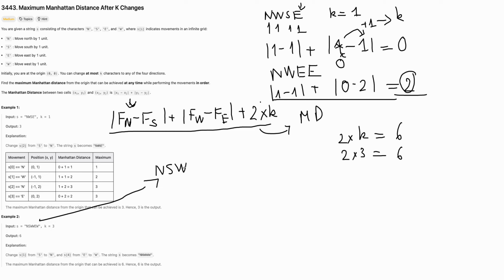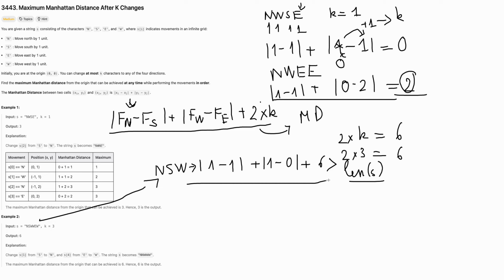After just 3 steps, if we apply the same logic, the frequency of this one is 1 minus 1, and then we have 1 minus 0 plus 6. So this one is greater than the length of the s. So this is an incorrect value. So in each step we need to consider what? We need to consider the length of the string.